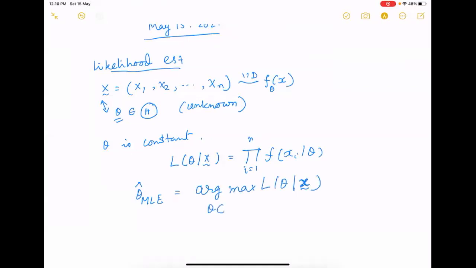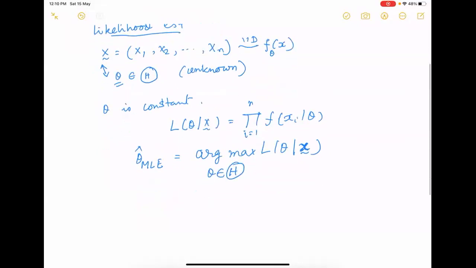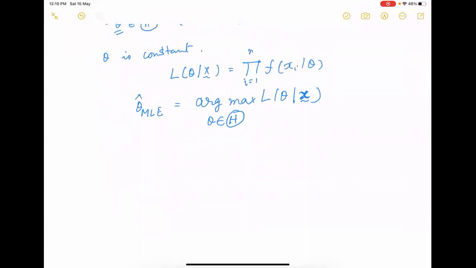The search goes on over theta. So this is the typical likelihood estimation that we try to solve.